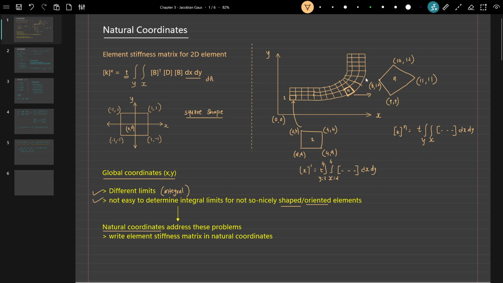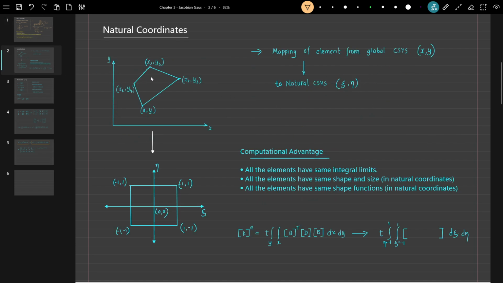We'll take this element, which is something like this in xy space. Basically natural coordinates means we do a mapping of the element from the global coordinate system, that is xy, to the natural coordinate system. So basically we do an element transformation, a coordinate transformation.